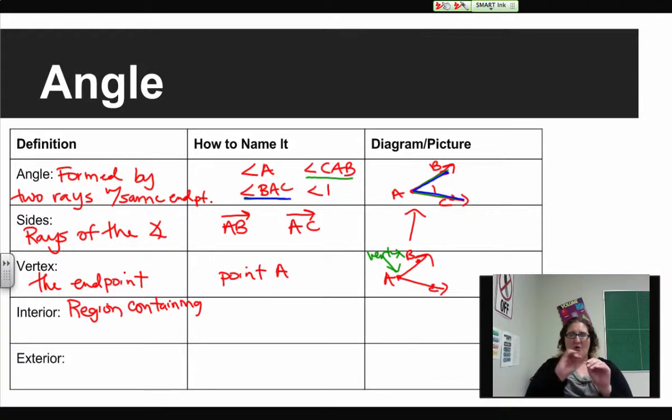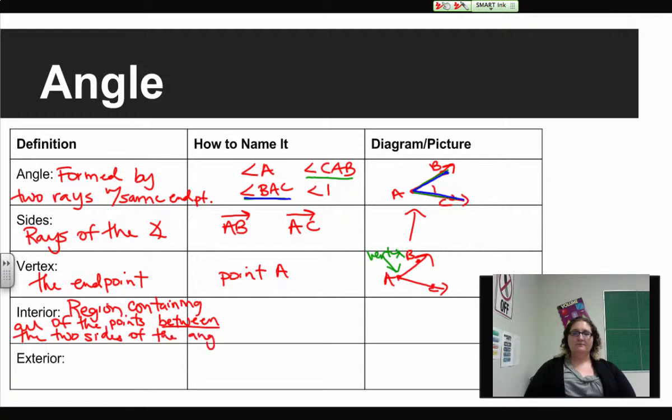So, containing all of the points between the two sides of the angle. Okay, and so a picture of that would be this part right here.